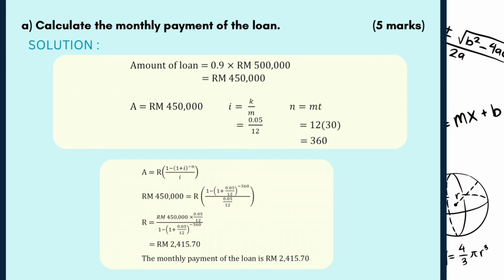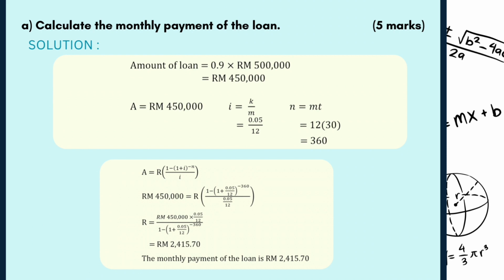To find R, I is K over M. K is 5%, so it will be 0.05, and M is compounded monthly, so it will be 12. To find N, M multiplied by T, so 12 times 30 will be 360. In this question, we must use the present value formula. So we put all the information that has been listed into the formula. Rm 450,000 equals R bracket 1 minus bracket 1 plus 0.05 over 12, power with negative 360 over 0.05 over 12 close bracket.